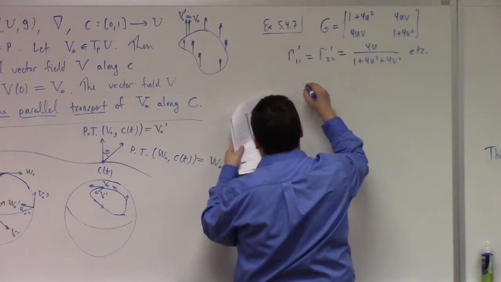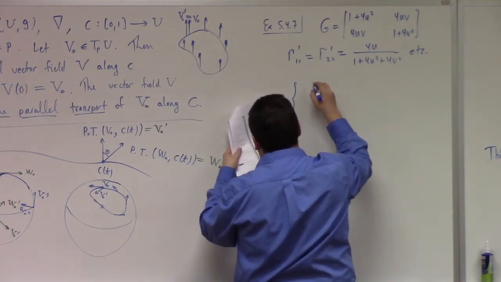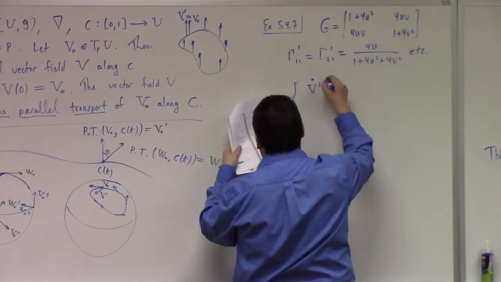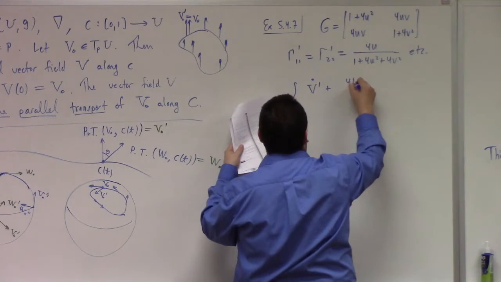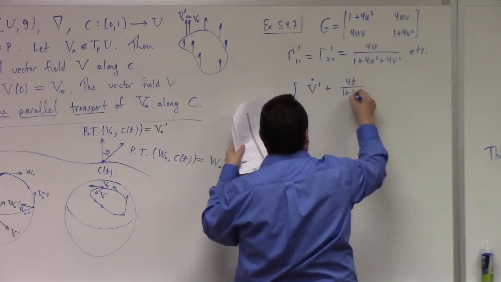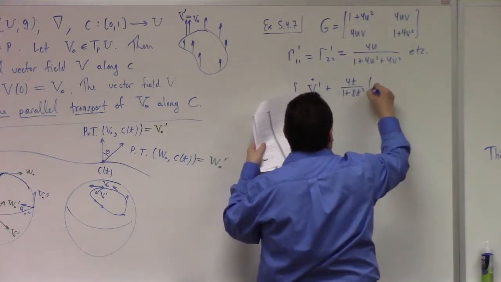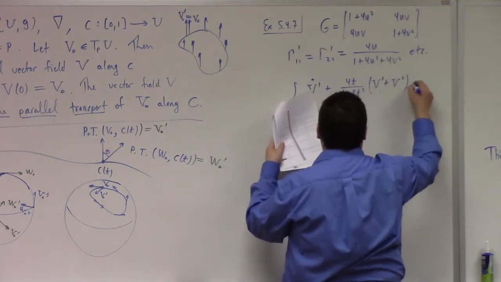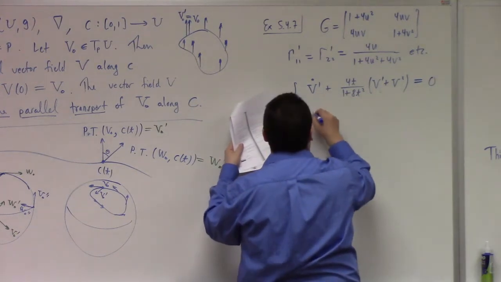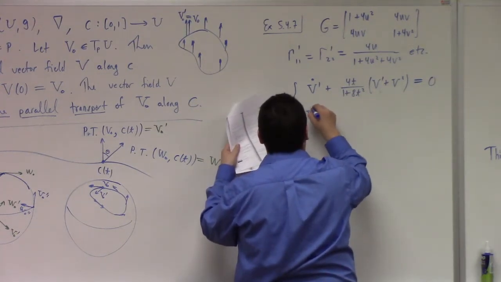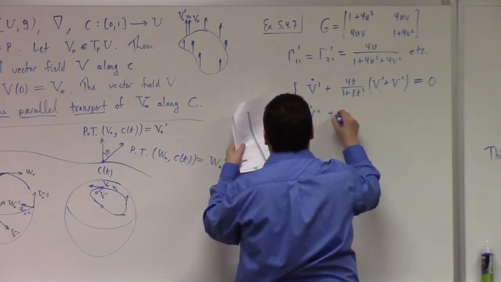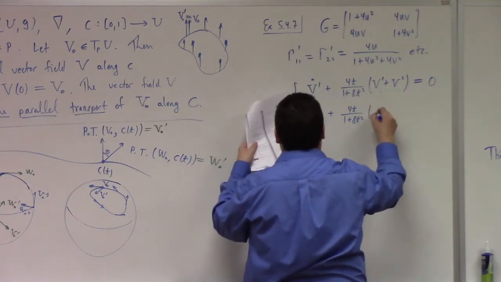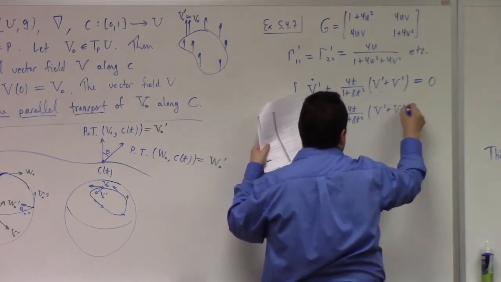In this case, the differential equations that we need to solve for parallel transport are these. v1 dot plus 4t over 1 plus 8t squared times v1 plus v2 equal to 0, and v2 dot plus 4t over 1 plus 8t squared times v1 plus v2 equal to 0.